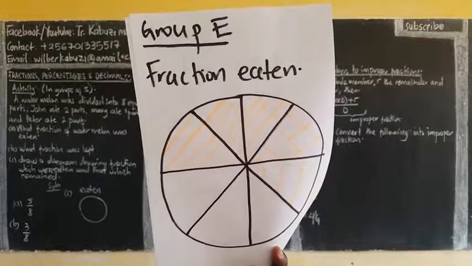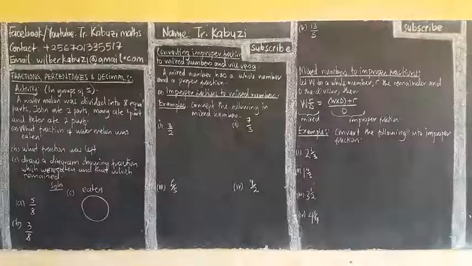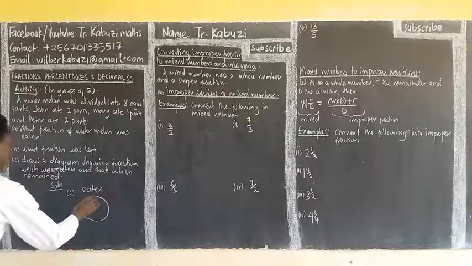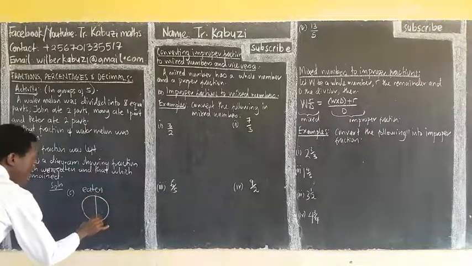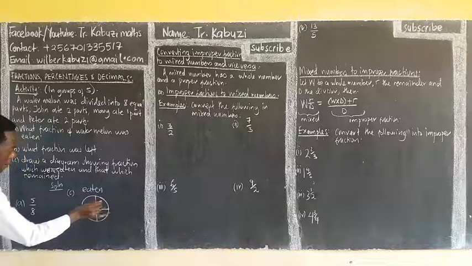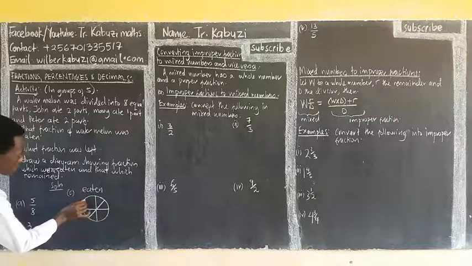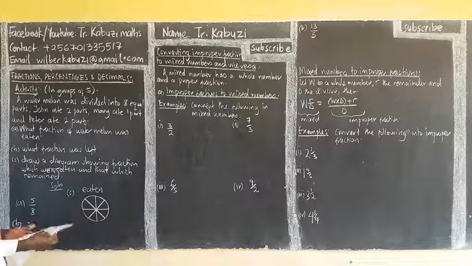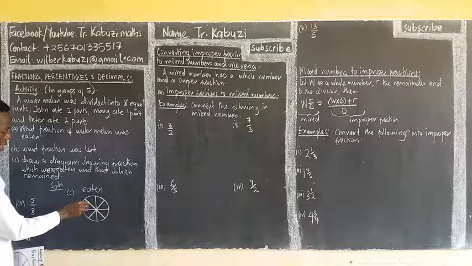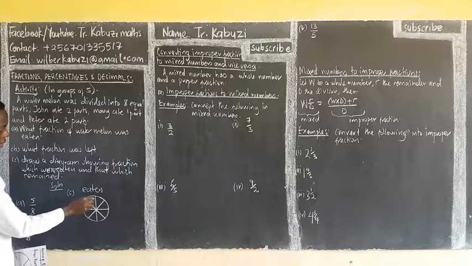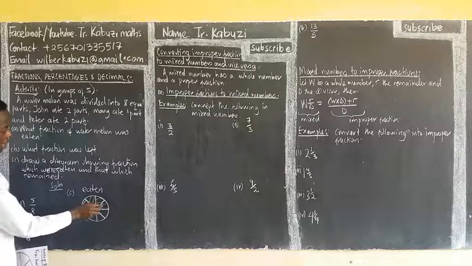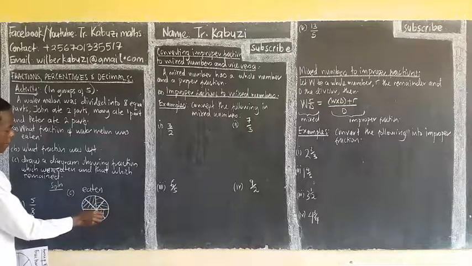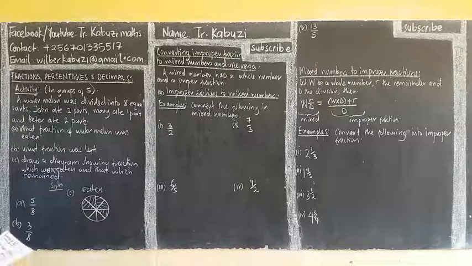So that's the shading they are having. What they did, they divided this into 8 parts, as you see there. Then the fraction was 5, so they shaded this 5. So that was the fraction which was eaten.